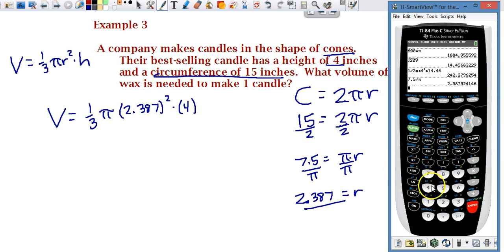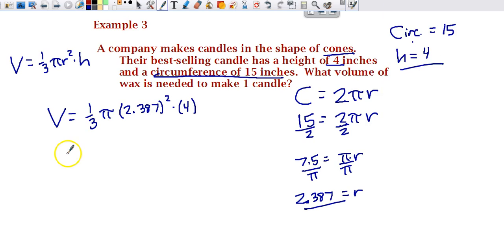You ready? All right, so 1/3 pi times 2.387 squared times 4. 23.8667, so we will say 0.87. 0.87 what?